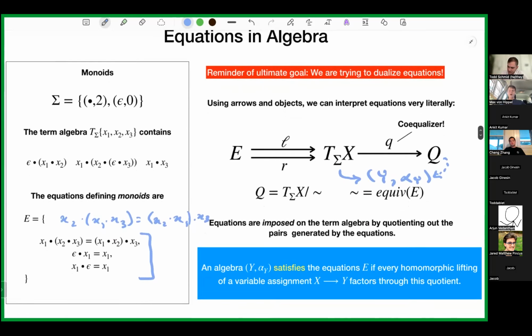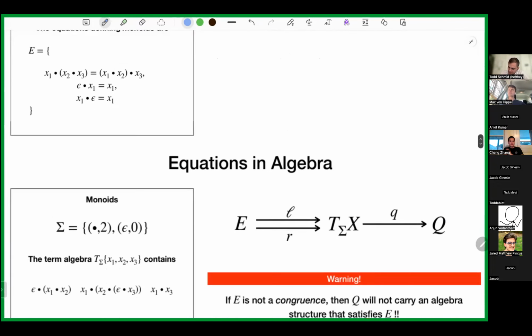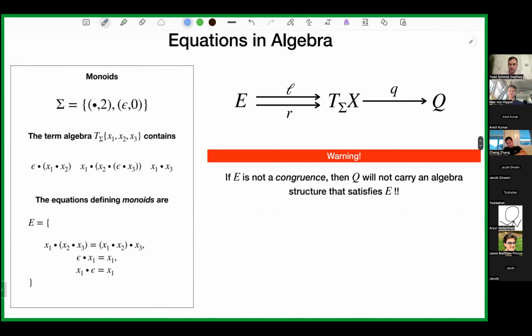Right. Okay, so an algebra satisfies the equations in E if every homomorphic lifting of a variable assignment factors through this quotient. So yes, you have to be a little bit careful. This Q is not going to carry an algebra structure that satisfies E. If we actually want an algebra structure out of this coequalizer, we have to require something slightly more of our equations.